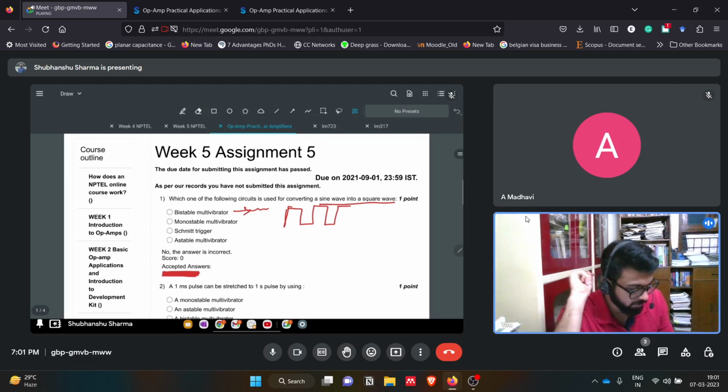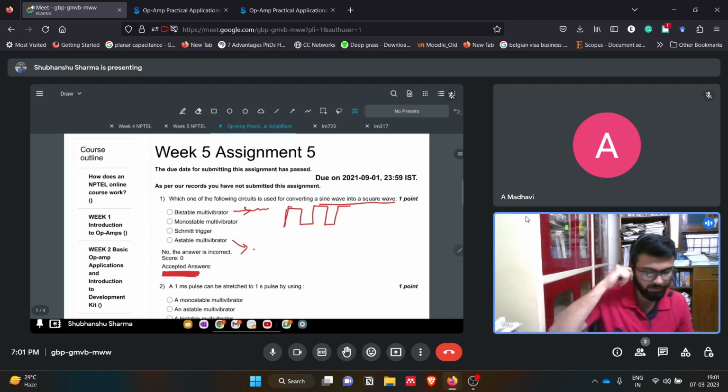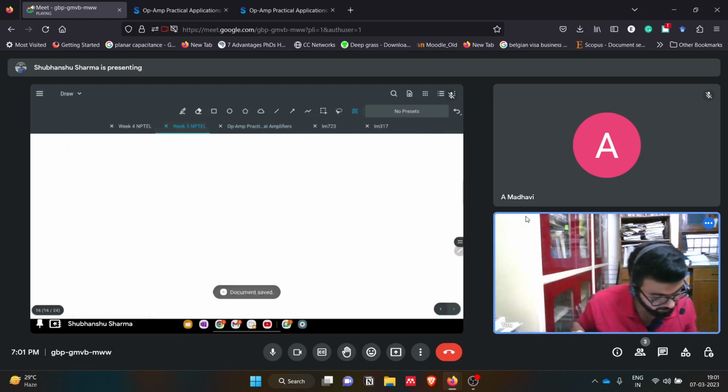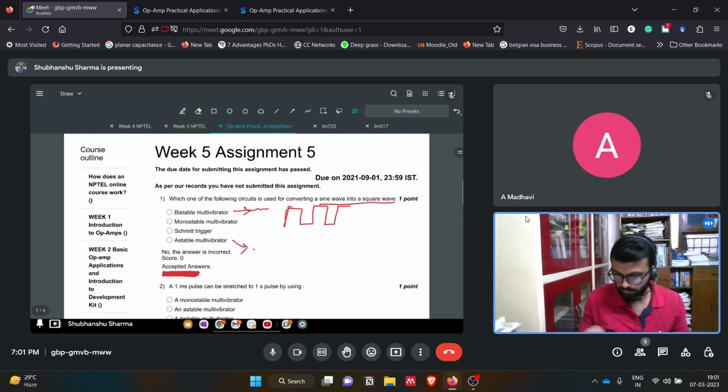But we know one thing, that in our astable multivibrators, we don't even need any input. As we saw here, I'll just show you. This circuit was a capacitor and resistance, and then a Schmitt trigger was there.